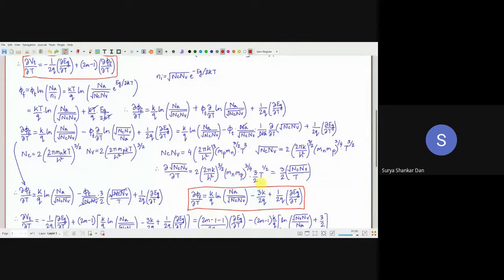Nice. Now, what we have essentially figured out is del phi by del T. But our original relation was this one, because our main objective is to find out a model for the temperature variation of Vt. So del phi f by del T, we have essentially broken it down into this factor.